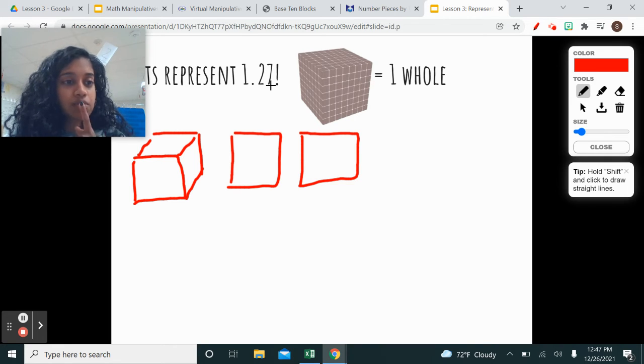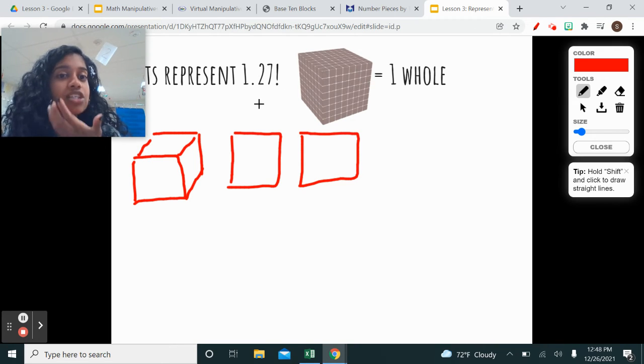But we have to remember, if our cube is our whole, then we have to get 100 of whatever we split it into to make 1 whole. Or another way to think about it is we had our tenths, so if we split up our tenths into 10 more pieces, that's going to give us our hundredths. We have our flat.